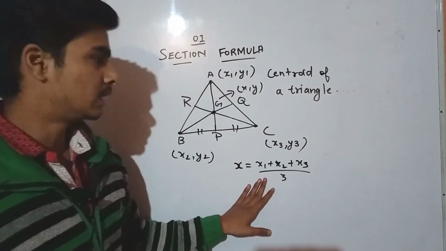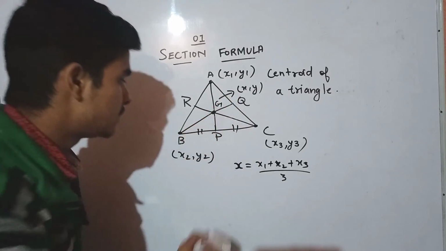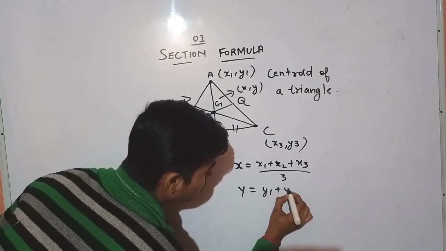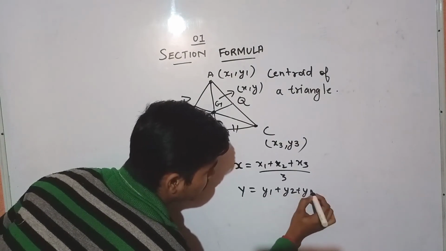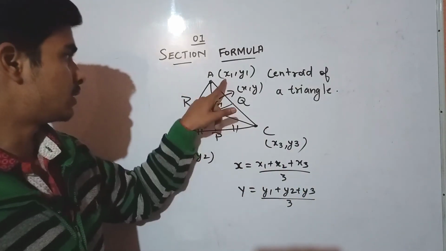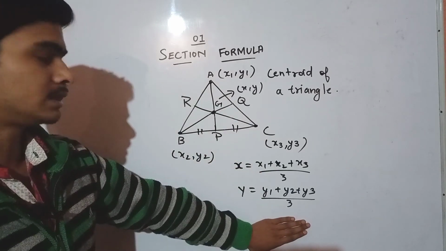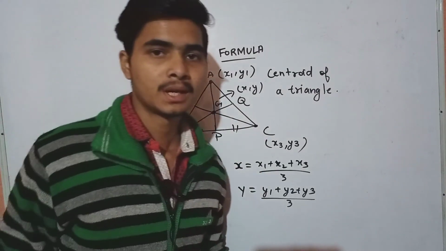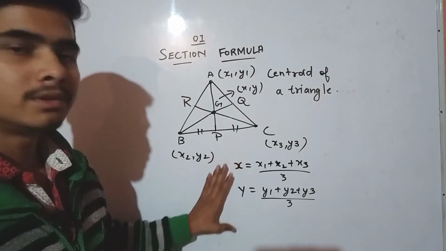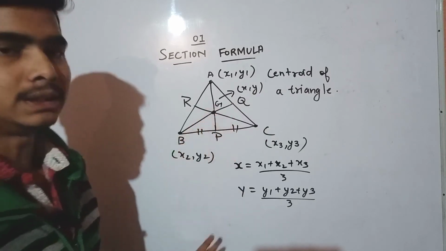This will give us the x coordinate of point G, and similarly to get the y coordinate of point G, what we are going to do is just add the y coordinates of all the points A, B and C, and we will divide it by 3. I hope you are noting all this. So in this way we will find both the x and y coordinates of this point G.